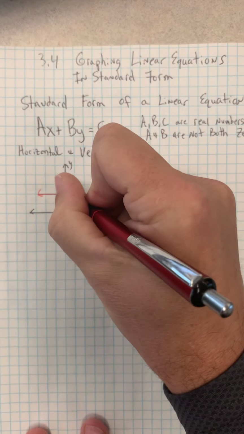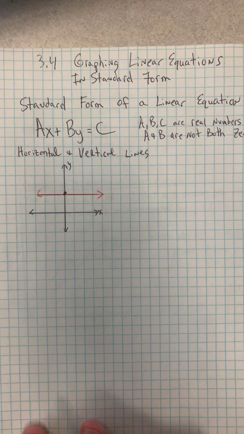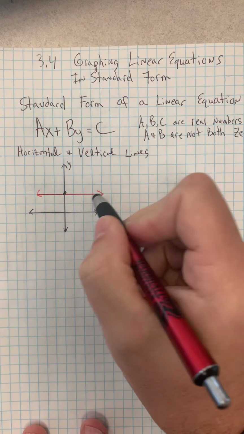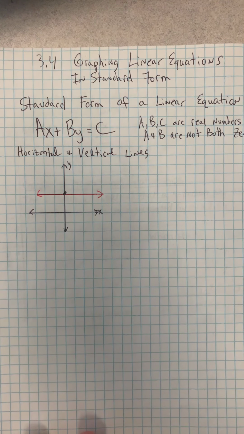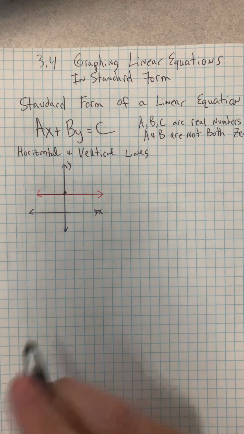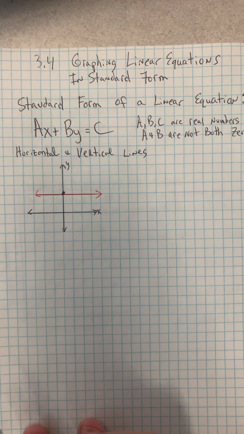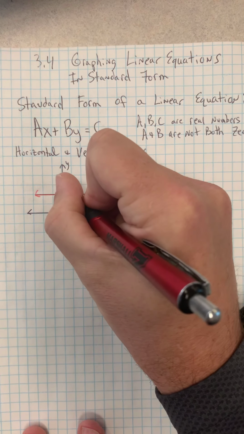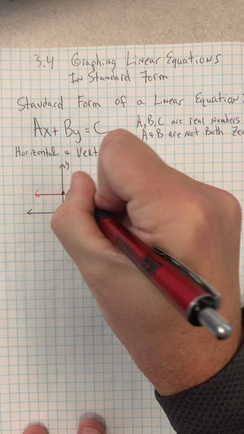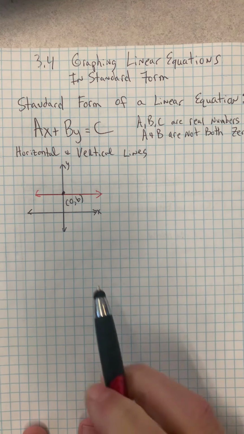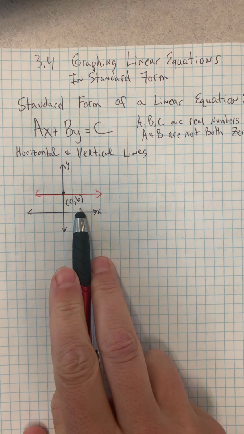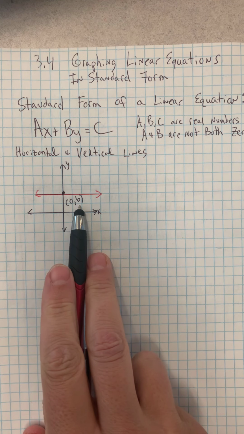I want us to think about this point right here. When you have horizontal lines, when you have a line that passes through the y-axis, your x-coordinate will always be 0. I'm going to call this point (0, b).